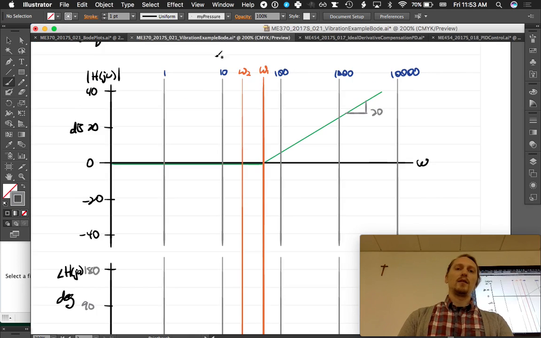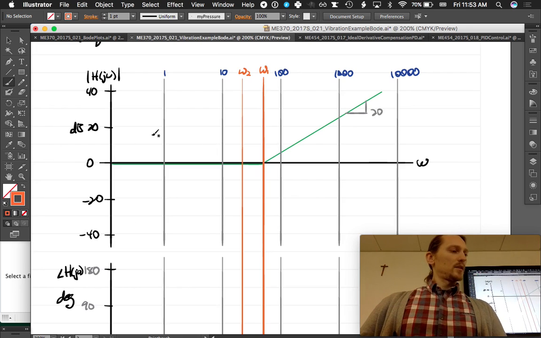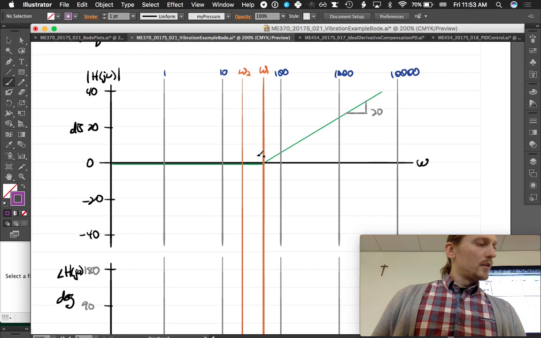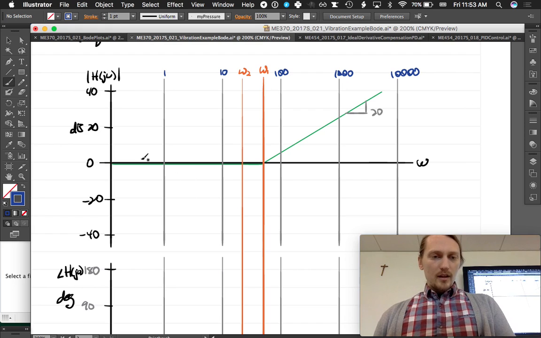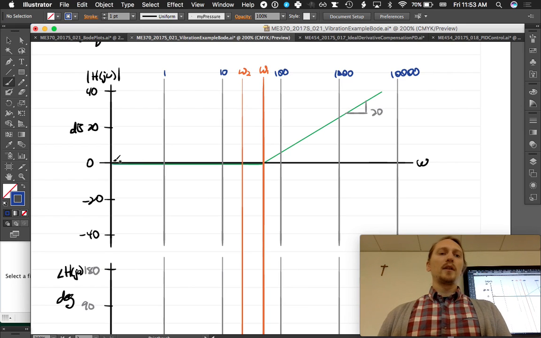So we've got a conjugate pole pair. We better sketch that as well. So I'll use blue for that. So blue, the break frequency is omega 2. We already put it on the graph, so it's 0 dB up to there, right? And our straight line approximation.